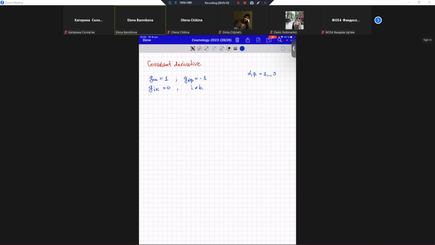This is for us a very common reference system, because this is flat space, and for four dimensions this is Minkowski space.